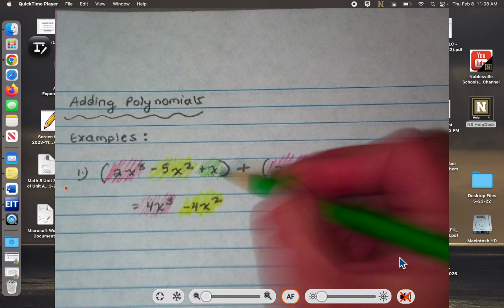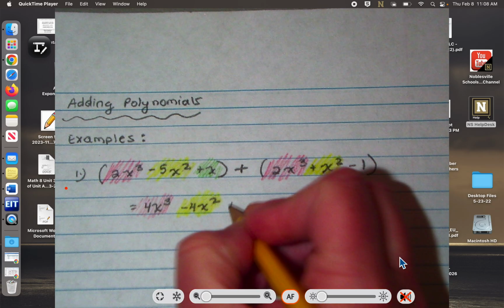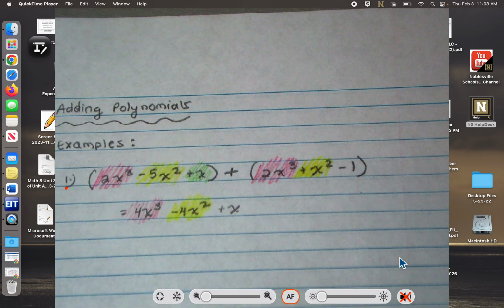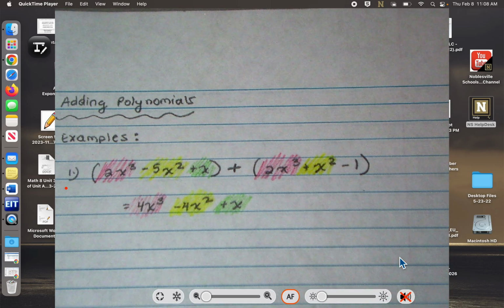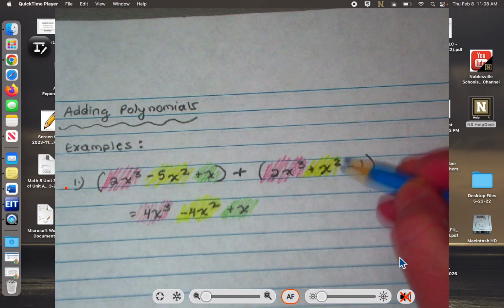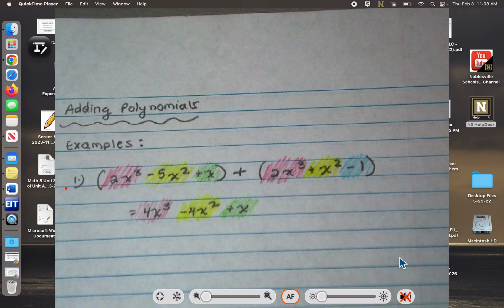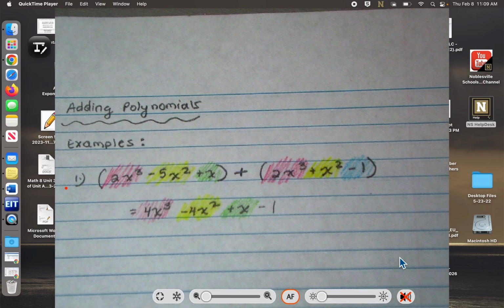Do I have anything else that just has an x? No. So I can't combine that with anything. So I would just bring down the x by itself because I don't have anything else that is just an x with no degrees, no exponents. And then I have this positive 1 also just hanging out. I don't have any other constants. So I just get negative 1 as part of my answer.